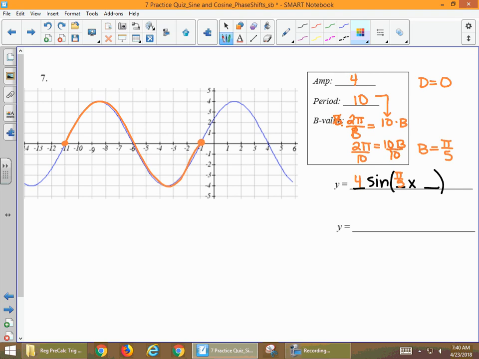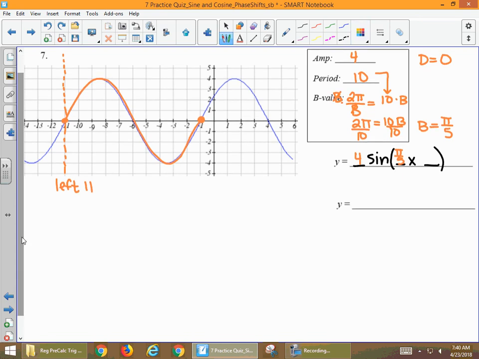So I'm going to start my sine graph out here at -11. So that is left 11 units. And we're going to work that little equation the same as we have for the last two. C over B is 11 units. Our B is pi over 5.